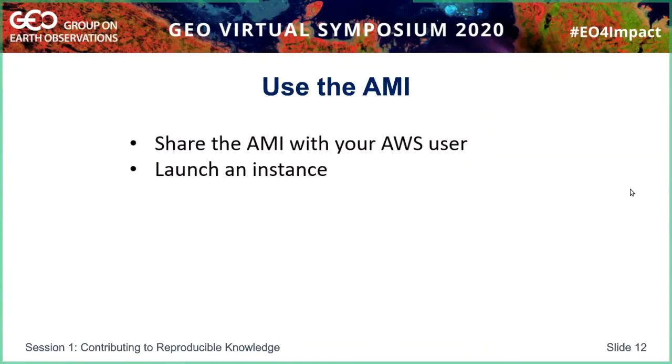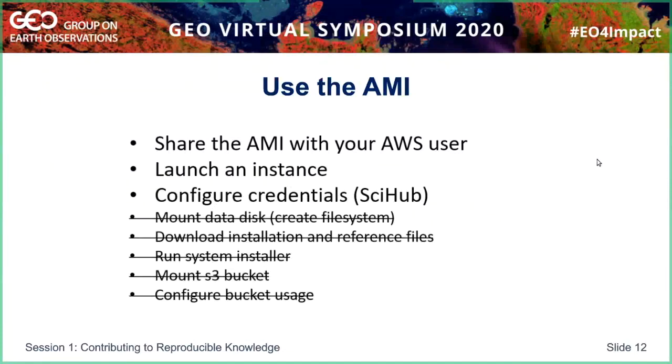And then you can just launch the instance using that AMI and put your credentials, as I said. And all those steps are already done, so you don't have to go through the data disk, mount the bucket, and that kind of things. So it's really ready to use.